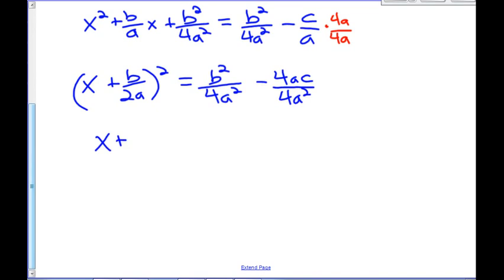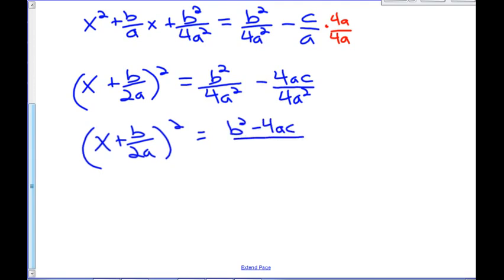We have x plus b over 2a all squared is b squared minus 4ac all over 4a squared. Okay, we just followed the technique for completing the square, but we're using letters instead of specific numbers. And there's a real selling feature to that. When we actually do this, we should end up with something we can plug any values into.